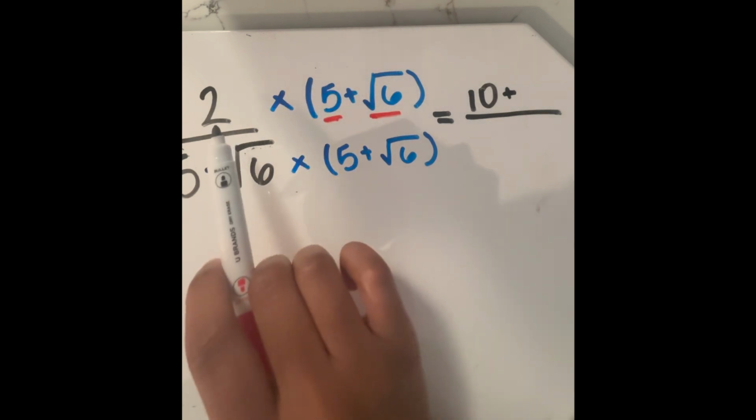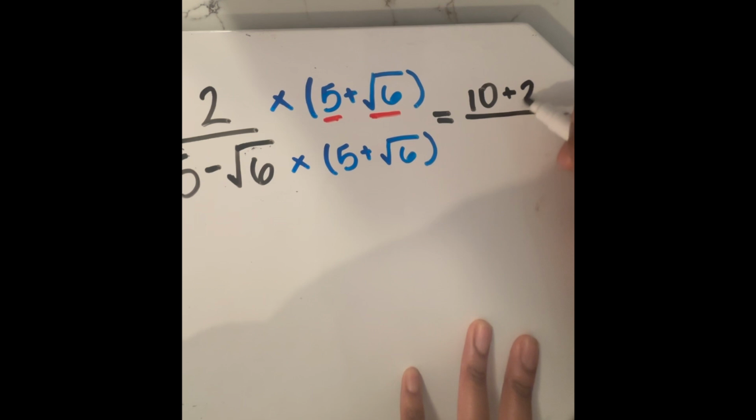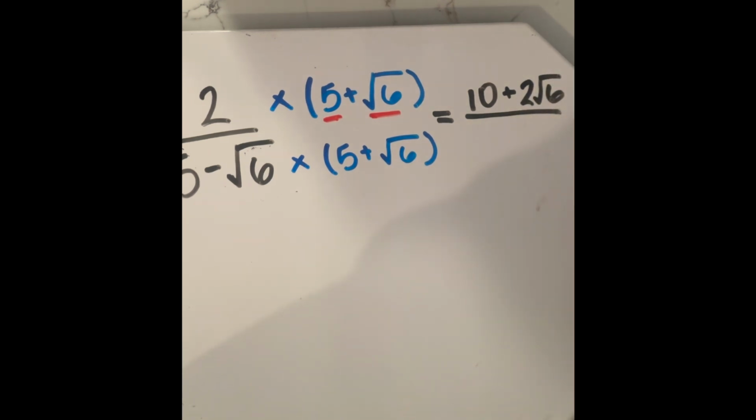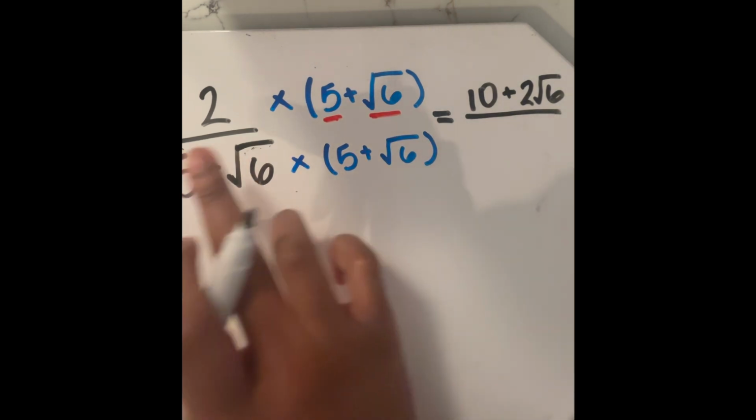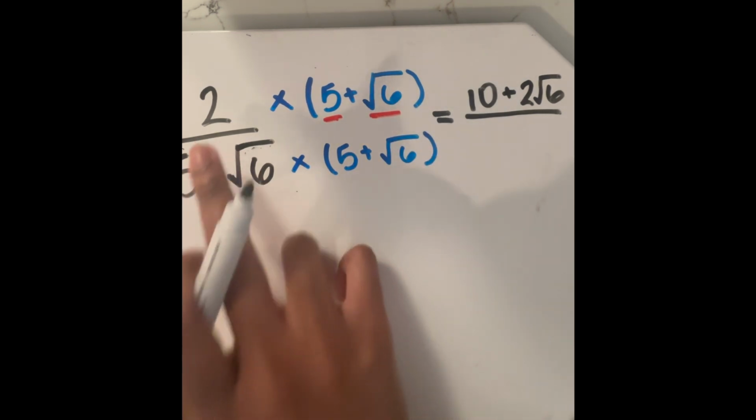It's actually just going to be 2 times the square root of 6. So we'd write that as 2 times the square root of 6. Hopefully that wasn't confusing, but that is how we would simplify our numerator when we're multiplying this by 2.